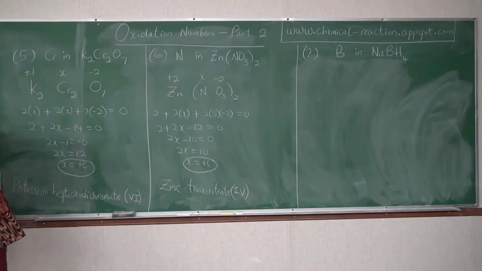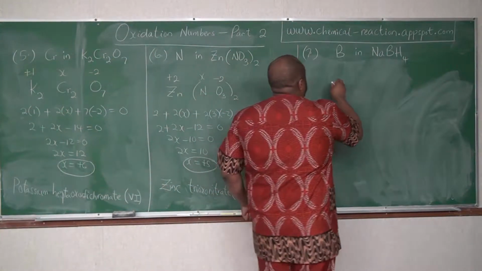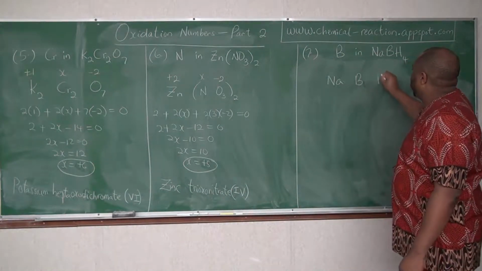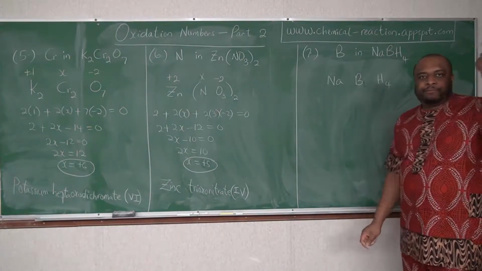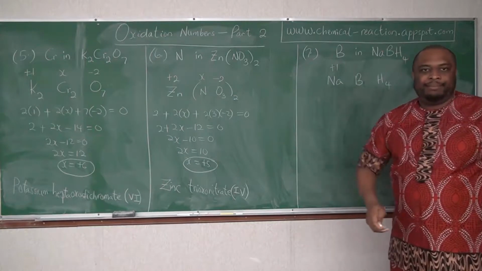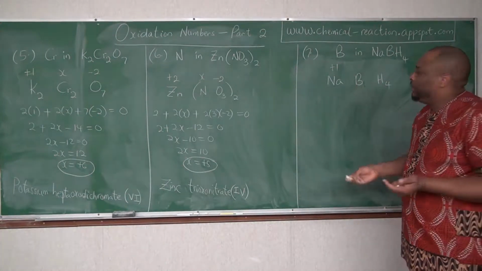Now, let's do this. We spread it out. We have sodium, we have boron, we have hydrogen. Sodium, from the part 1 video, is +1. It is an alkali metal. And let the oxidation number of boron be X.